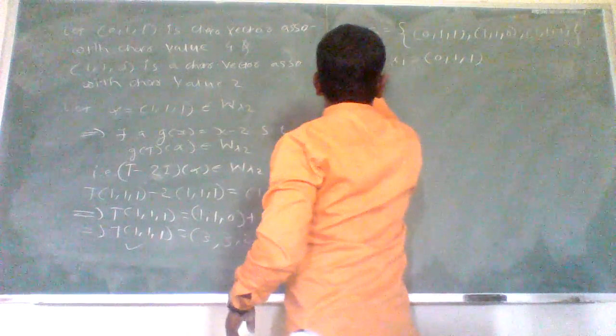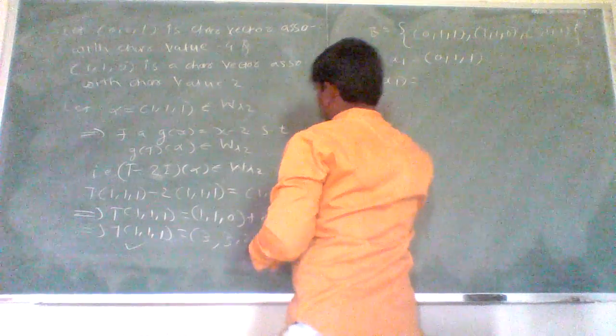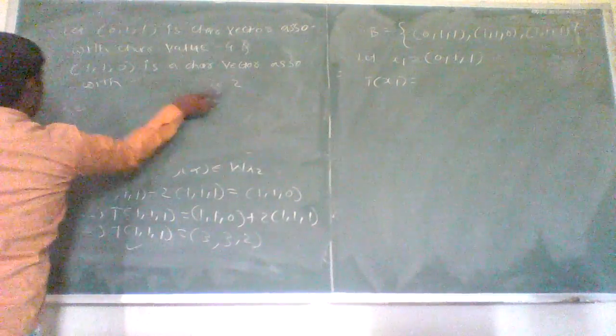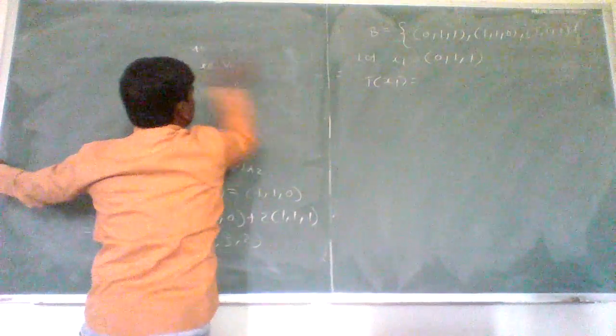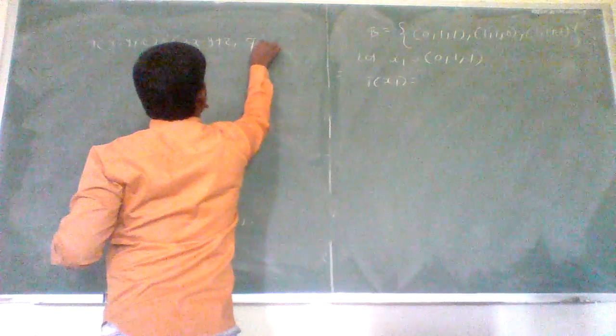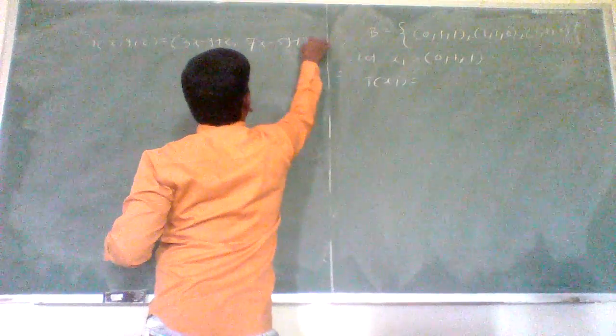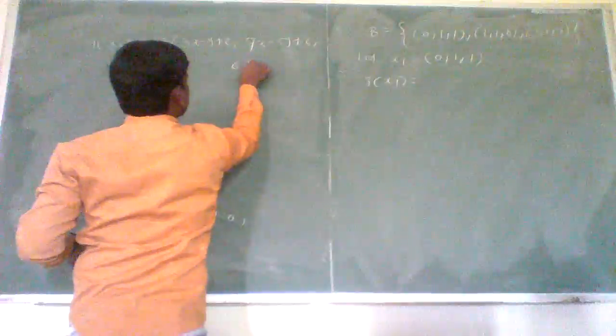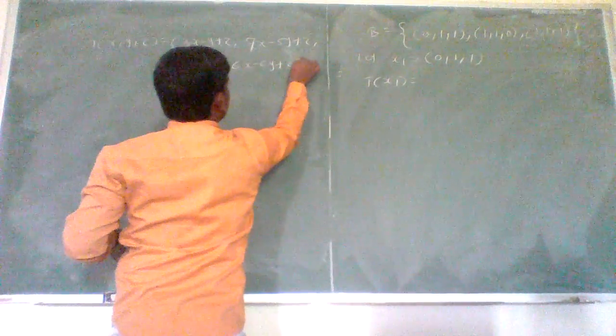Now x1 equal to (0, 1, 1), then T of x1 is equal to, we are given that T of (x, y, z) from the given definition is (3x minus y plus z, 7x minus 5y plus z, 6x minus 6y plus 2z).